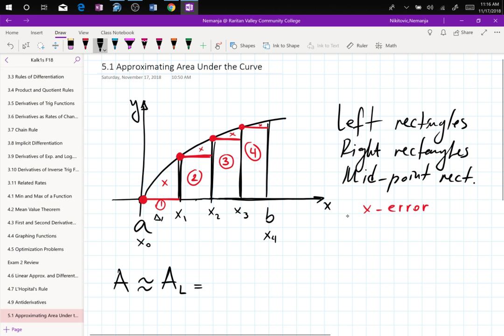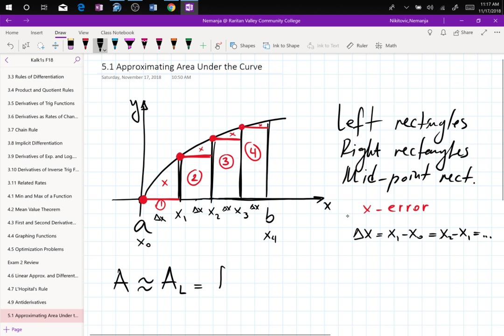We call that distance, obviously, delta x, because it's a difference between two values. Delta x will be x1 minus x0, which is also x2 minus x1, which is also all of the other ones. Delta x is just basically a difference between the left and right point so that we can get the width of the rectangle.